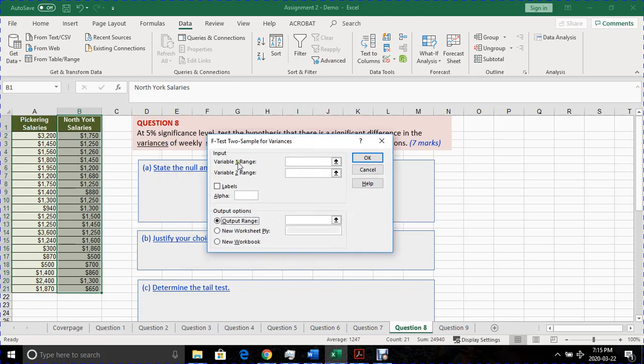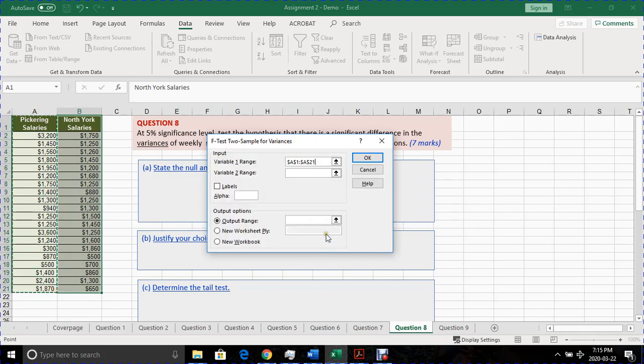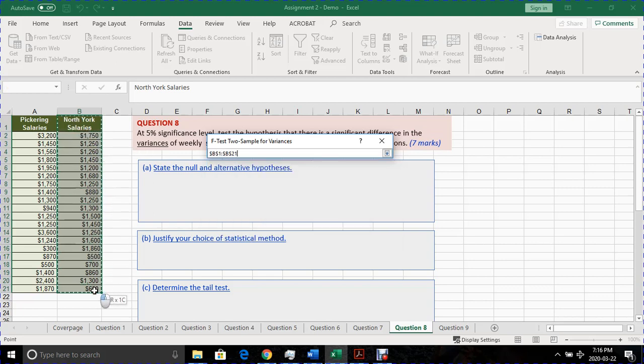Our first column of information will be selected for the first input range. Our second data range will be our second column of information.